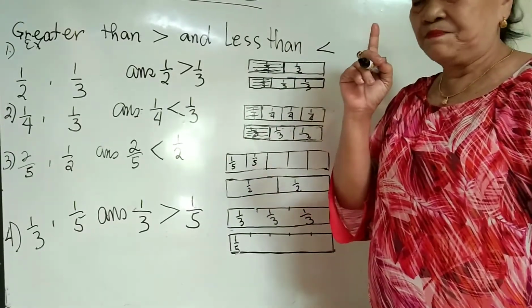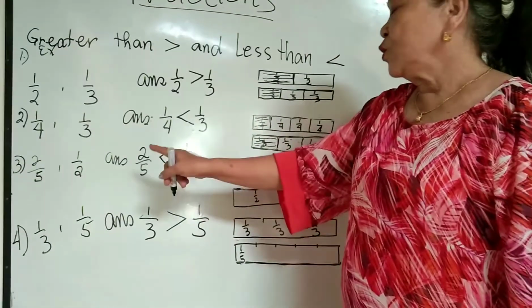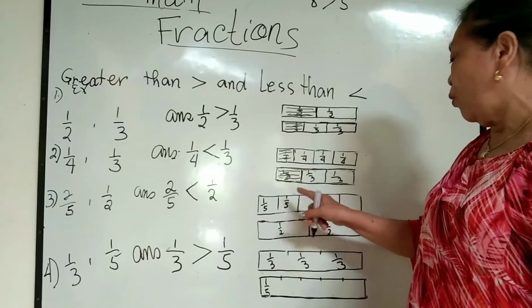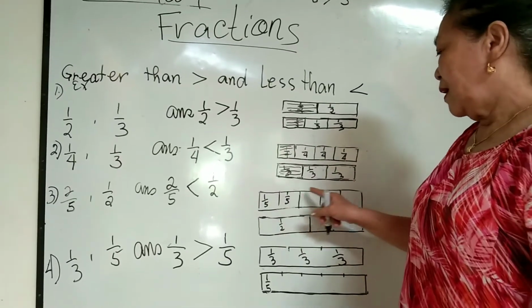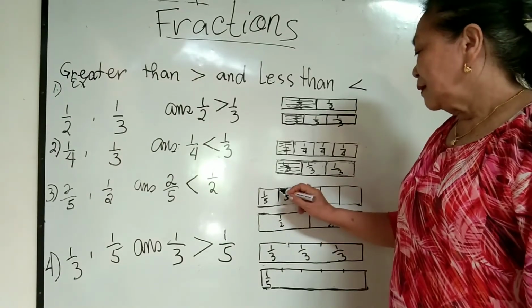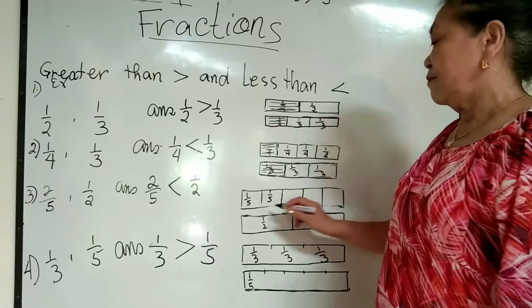Okay, that's the tip. Now we have number 3, 2/5. So I divide the whole piece of paper by 5. So 1, 2, 3, 4, 5.